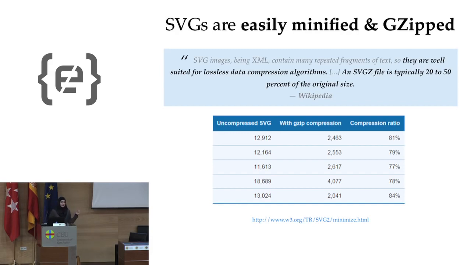The table that you can see here is from an appendix in the SVG specification that tells you about all of the features of SVGs that make it so great for compression. These are several samples of SVGs that have been compressed using gzip. You can see the compression ratios are very high, and this is perfect for performance, of course.